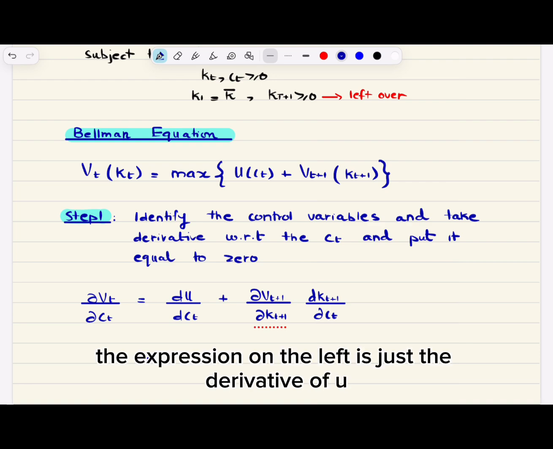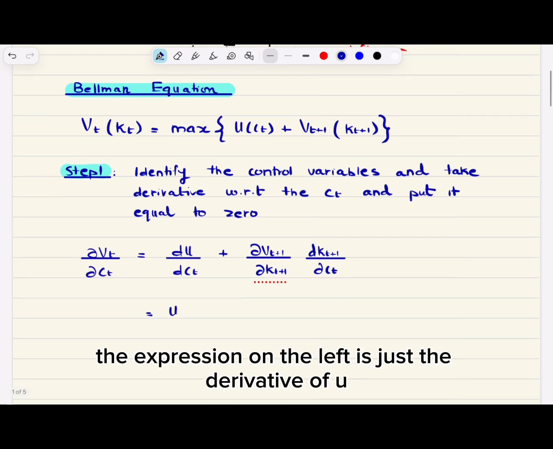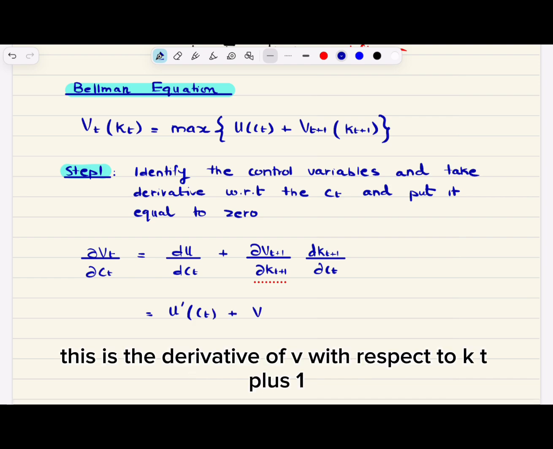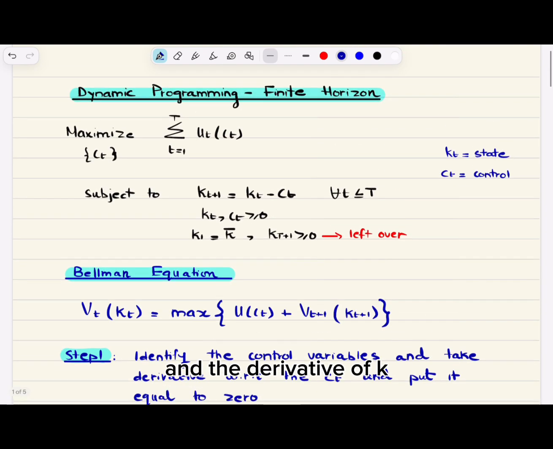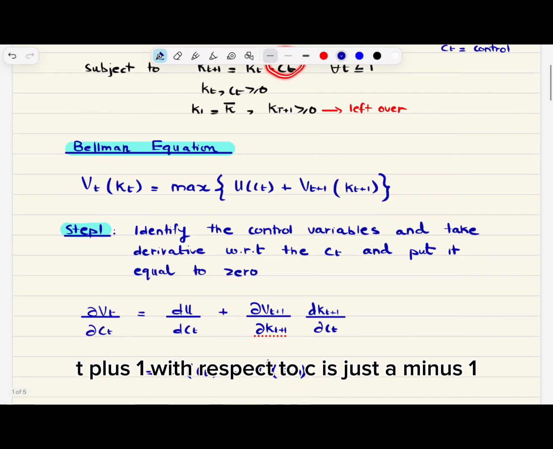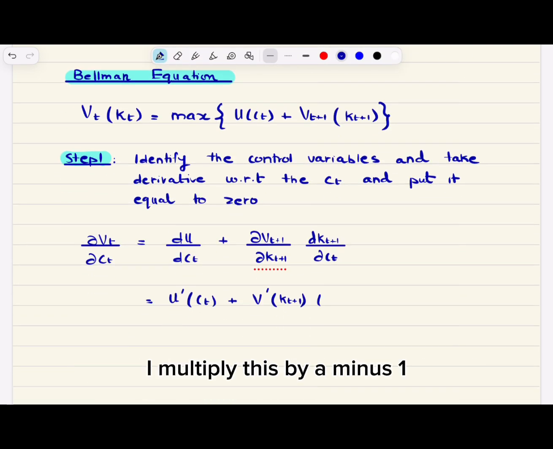The expression on the left is just the derivative of u with respect to c t. This is the derivative of V with respect to k t plus 1, and the derivative of k t plus 1 with respect to c is just a minus 1, so I multiply this by a minus 1.